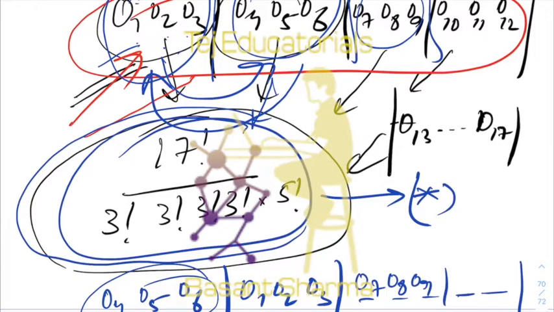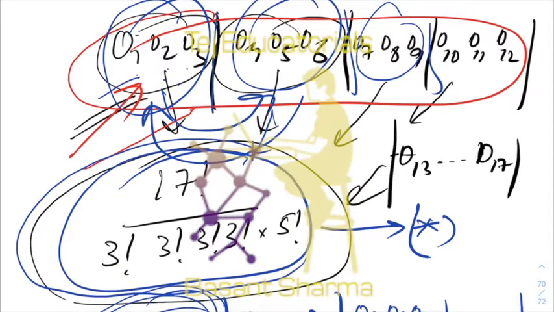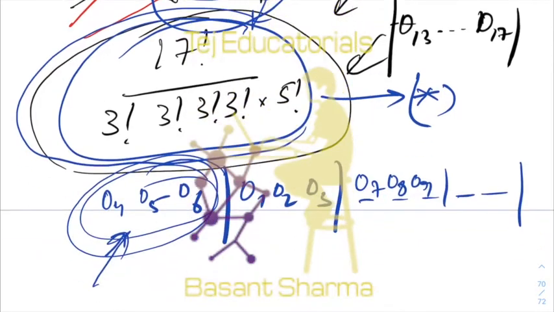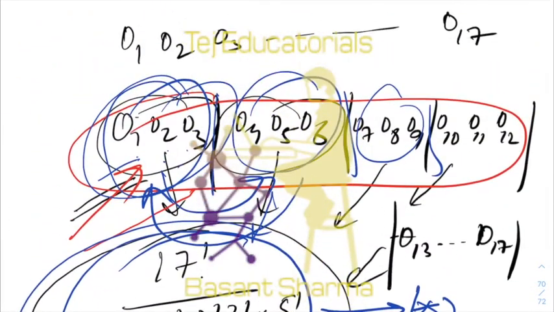This is still a redundant thing, right? Because the permutation of the groups itself is not relevant. So now you see, in how many ways can this happen? You have 4 groups of size 3, right?